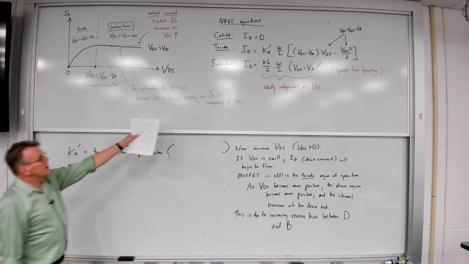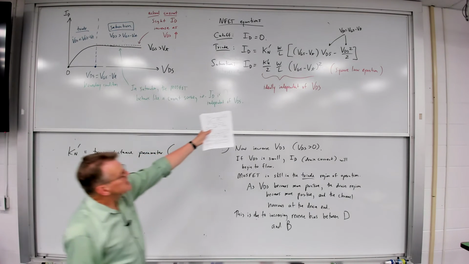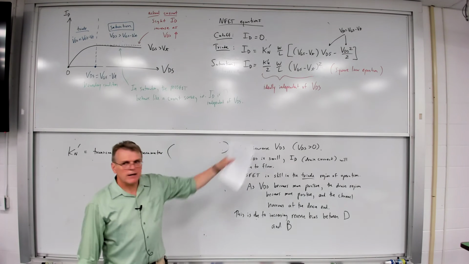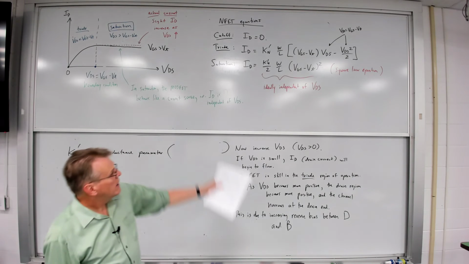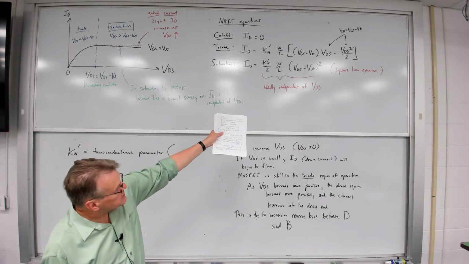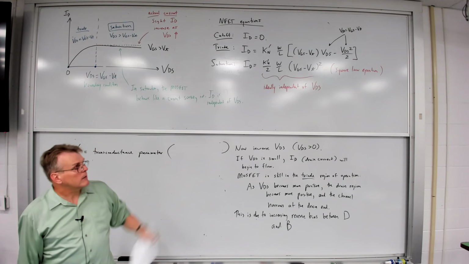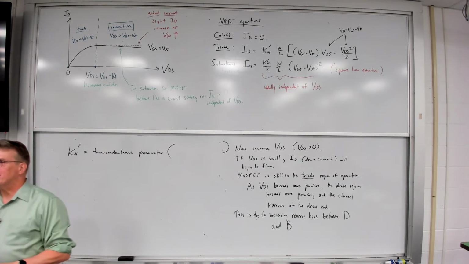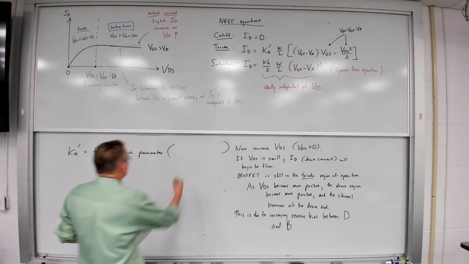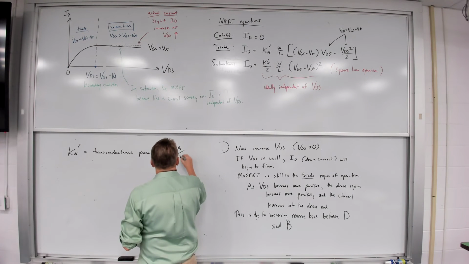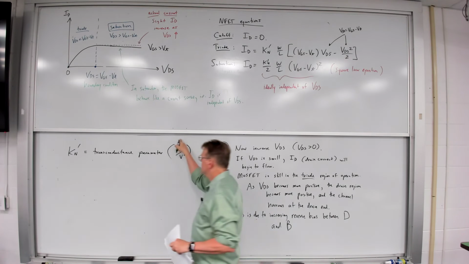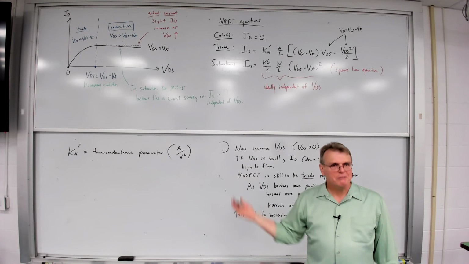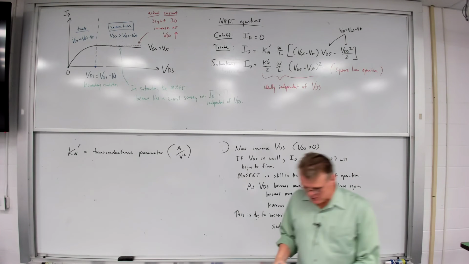And if you look at the transconductance parameter, notice width and length are dimensions, so width divided by length is unitless. I've got VGS minus VT squared, that's volts squared. But current is amperes. So in order to make the units balance, the transconductance parameter has to have units of amps per volt squared. Not exactly intuitive, but that makes the equations work.